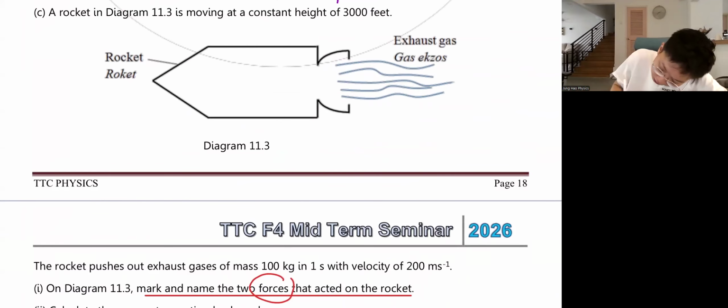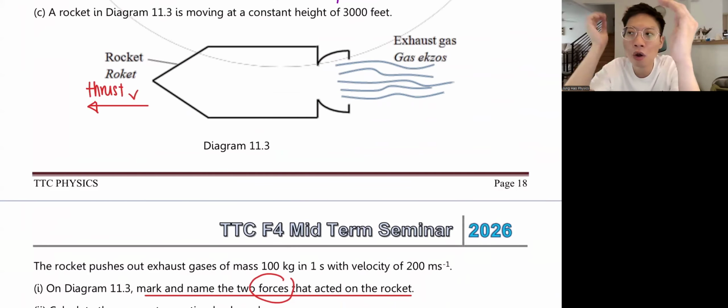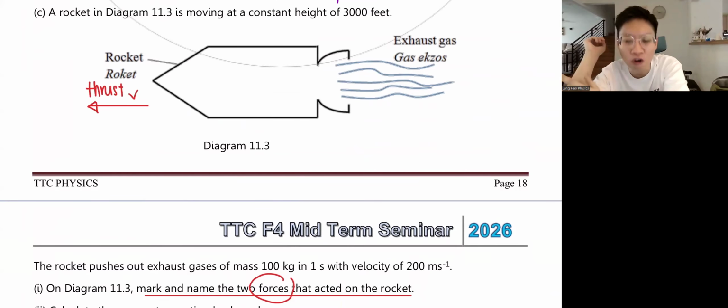If you move forward, usually we call it a thrust. Thrust is already a force. A lot of people ask me, teacher, can I write thrust force? You don't need to write thrust force because thrust is already a force.